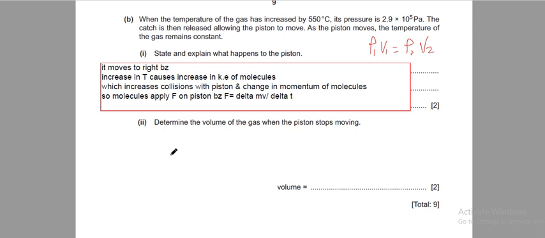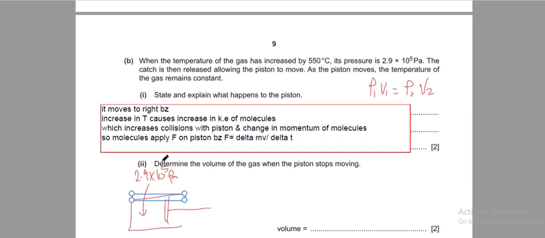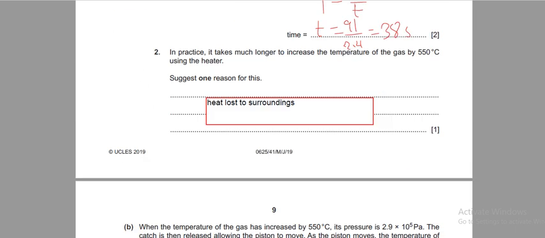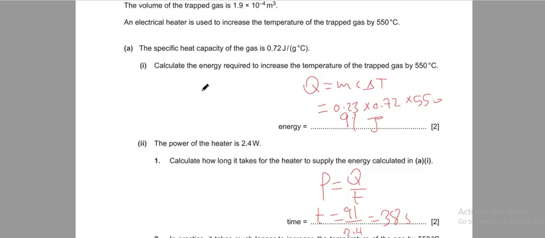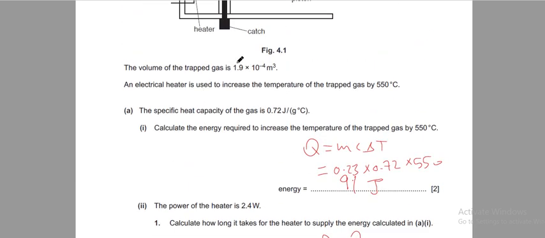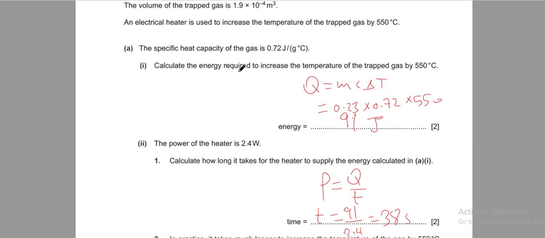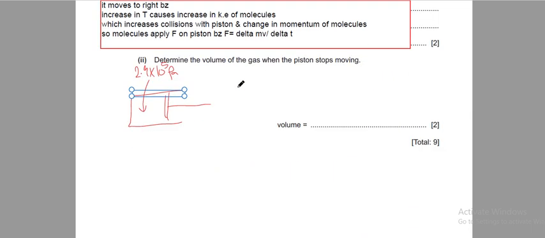The piston begins to move when the pressure inside was 2.9 times 10 to the power 5 pascal and the volume was, I think it was written here, yes, 1.9 times 10 to the power minus 4.